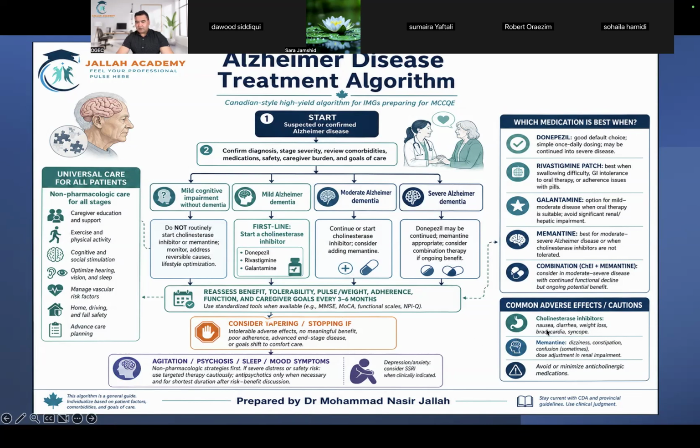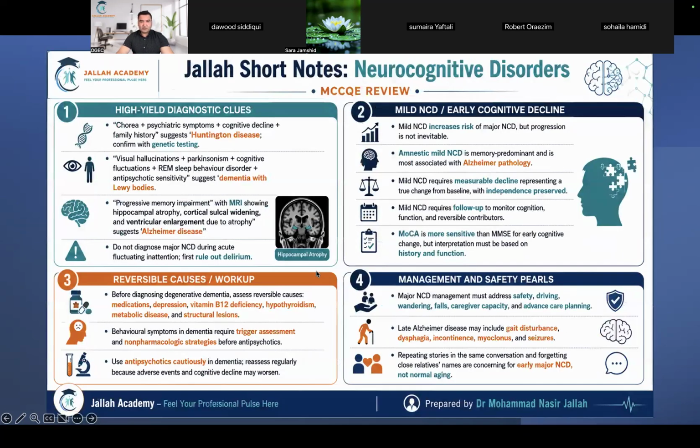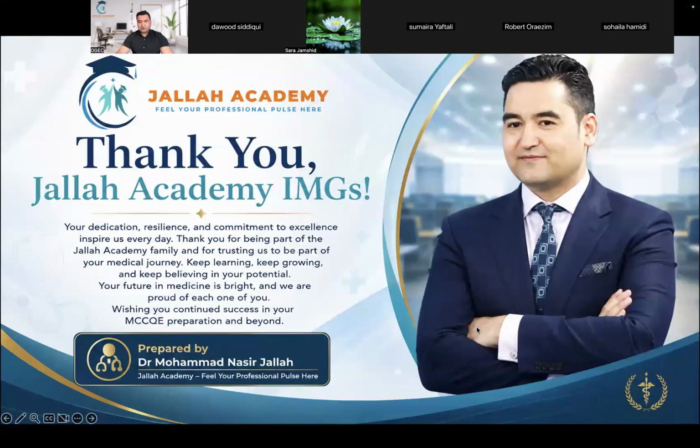Another thing about cholinesterase inhibitor side effects: nausea, diarrhea, weight loss, bradycardia, and syncope. If the patient has bradycardia and weight loss, then you don't use that, and instead you can start with memantine. These are the short notes which I'm going to give you guys the opportunity to go through.